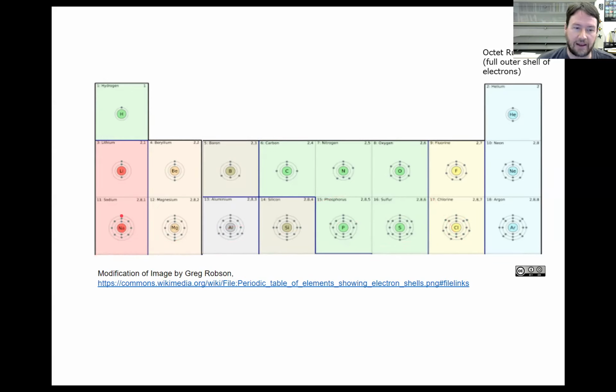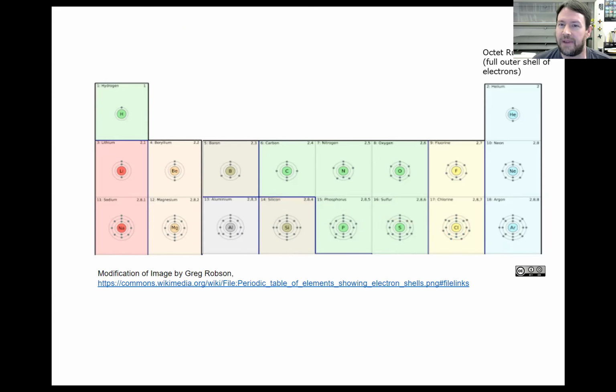So sodium would form a positive ion because it's lost this electron, and chlorine would form a negative ion because it's gained that electron. And then they're happy, right? So this is how atoms react.